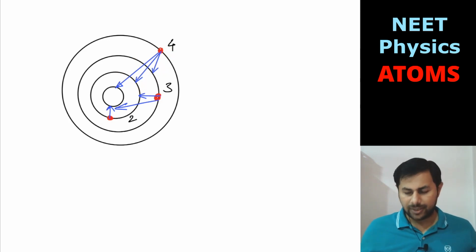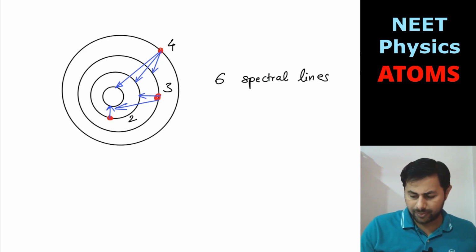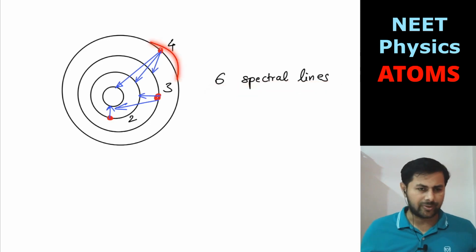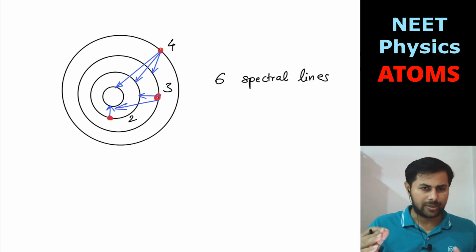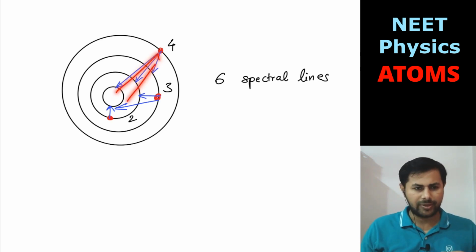Is this thing clear, everyone? Okay, so now this was the fourth orbit only. The electron is just excited to the fourth orbit. From there it can de-excite to the third, second, first, and we can count the number of spectral lines by hand.